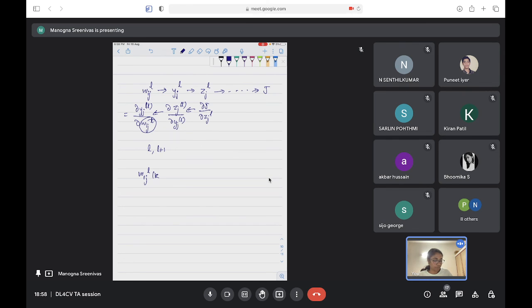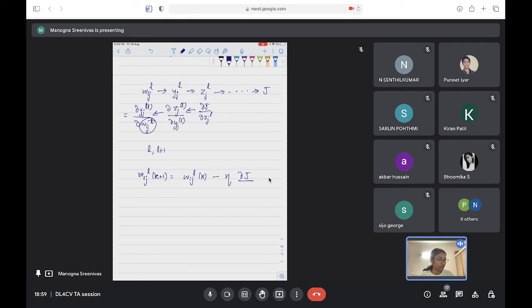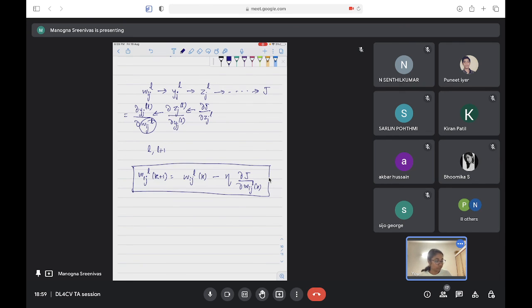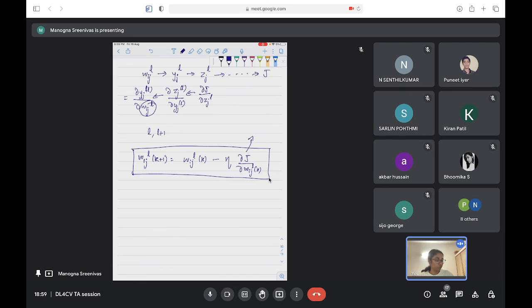At the k plus 1th instant, Wij of L is Wij of L at the kth instant minus some learning rate or step size eta times ∂J by ∂Wij. The direction in which I update this is to reduce my cost function. So this is the gradient descent algorithm, where these are computed through backpropagation.